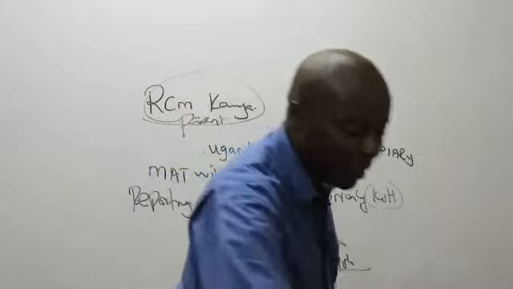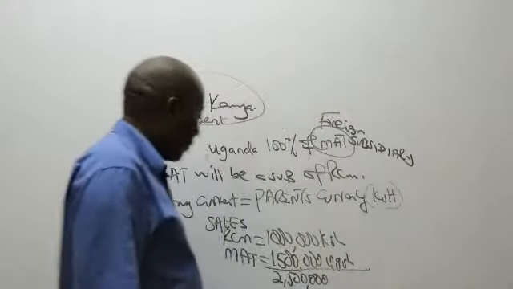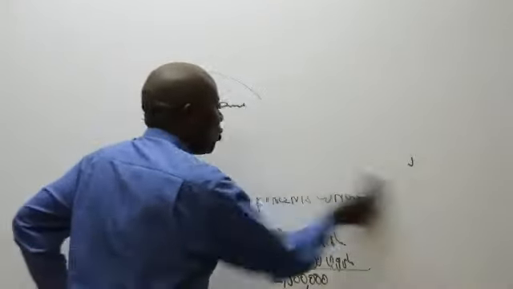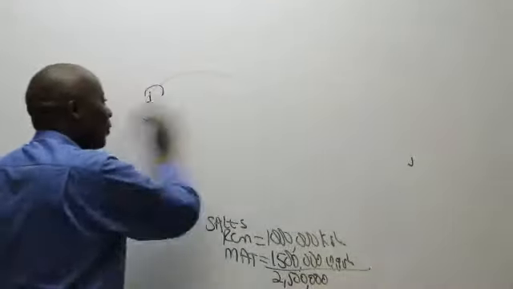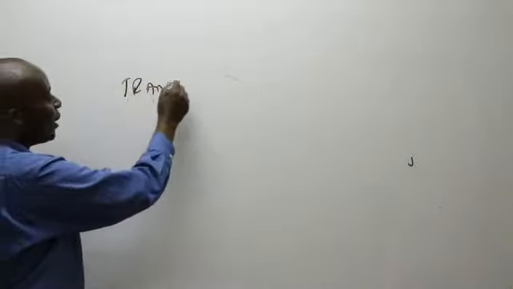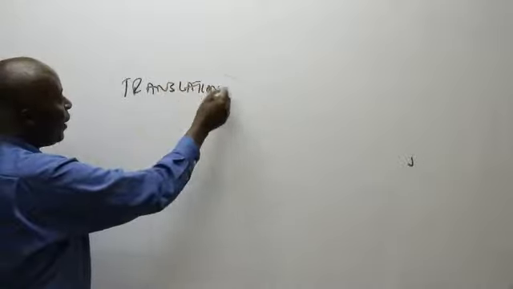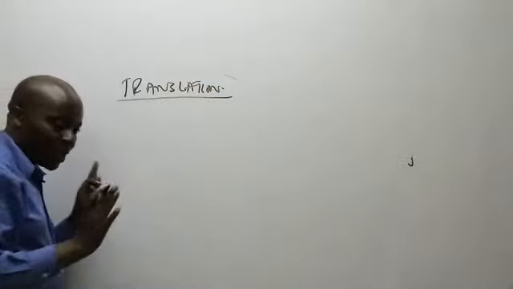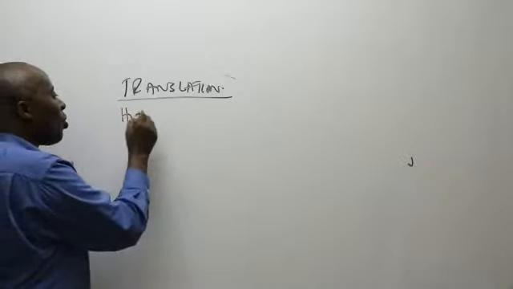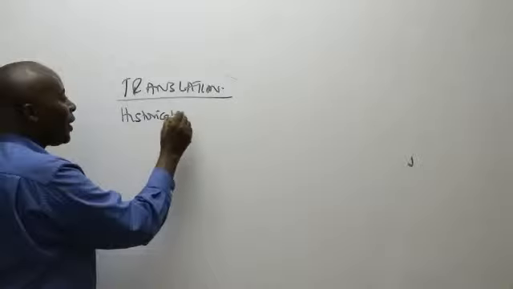Now, ladies and gentlemen, listen to me very well. In your exam, always, for purposes of translation, you will be given three rates. In most cases, you will be given what we call the historical rate.